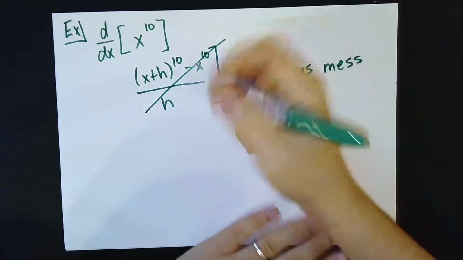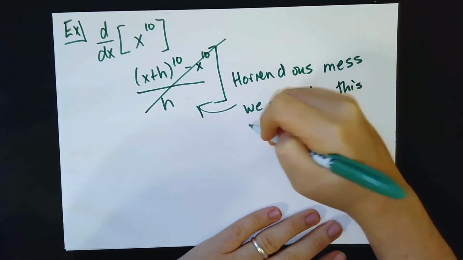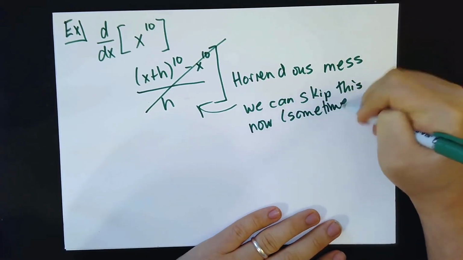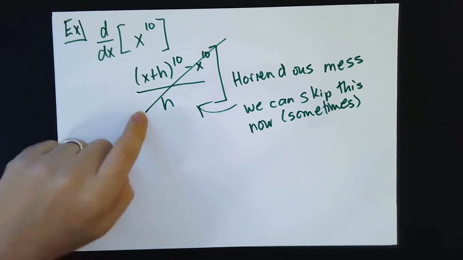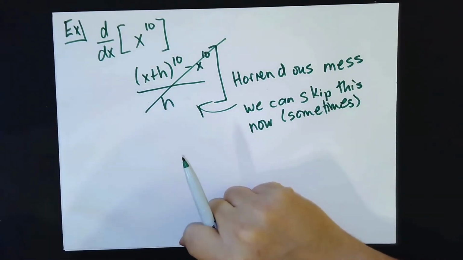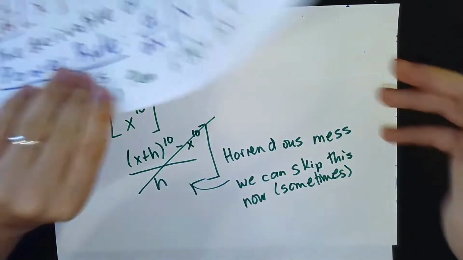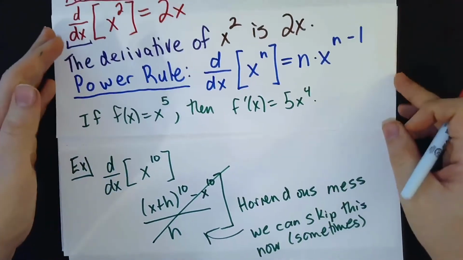And so what this rule does is it lets us skip all of this. Now, don't get too excited. We can't skip doing this all the time because this rule that we've just written down doesn't work for every function, or anywhere near every function. But it definitely works for x to the 10th.